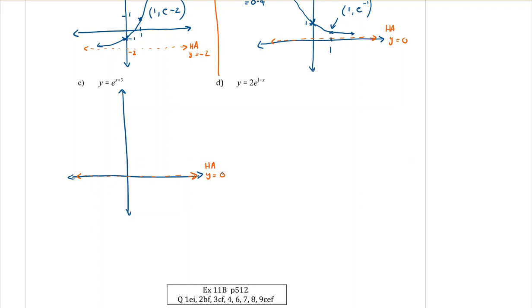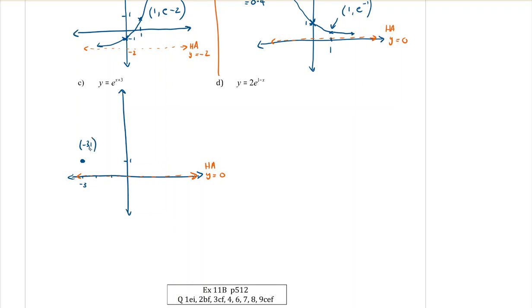But my intercept, which is normally at 0, 1 here, is going to move 3 spaces left. So 1, 2, 3, it's going to be at -3, 1. So there is where it has moved to. And I'll write that point on there. That's the point -3, 1.